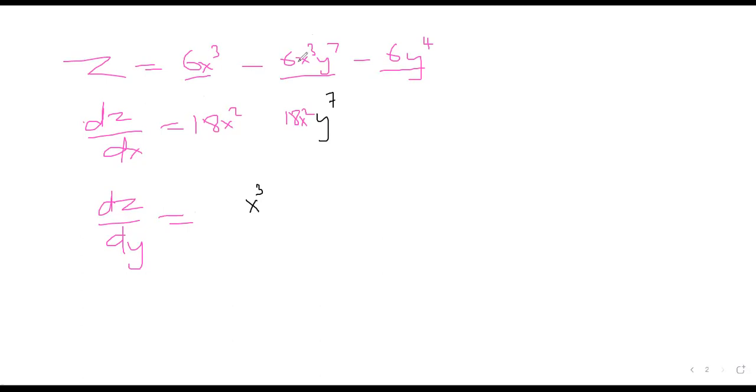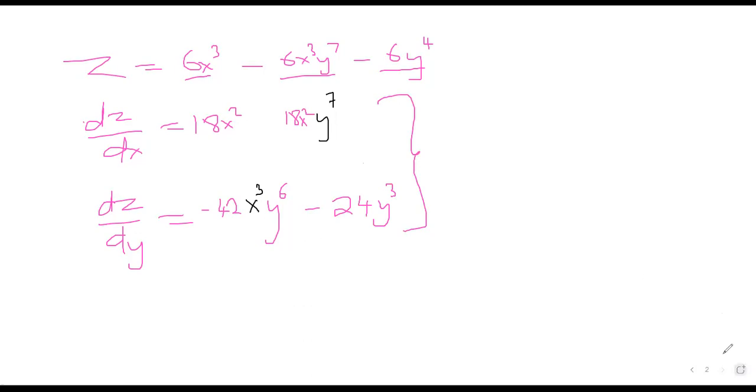So multiply 7 times 6 is 42, minus 42. Then what do we do to the y? The y there, we're going to subtract. So we're going to get a 6. Then here, do we have a y? Yes. When we differentiate this, we're going to get minus 24y^3. So these are called partial derivatives.